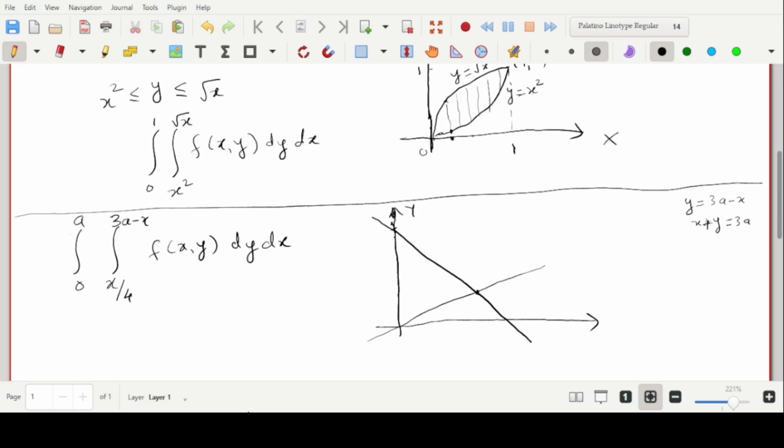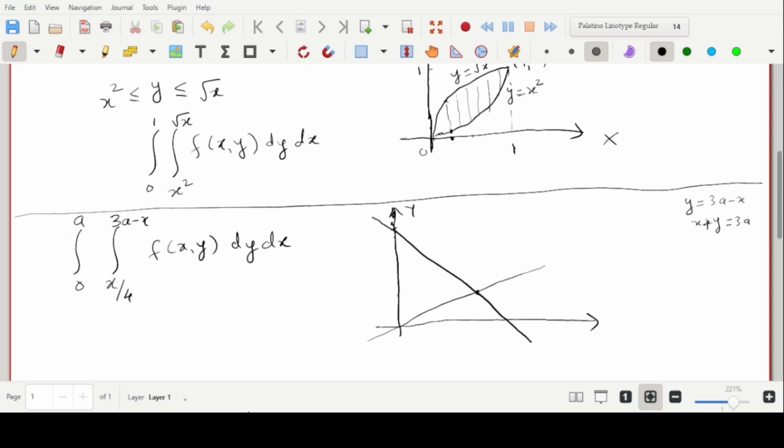We are not yet sure because we haven't yet given a look at the range of x. Okay, so let us first find out the point of intersection of these two lines. Here the two lines intersect and here we have y, this line is y equal to x over 4.